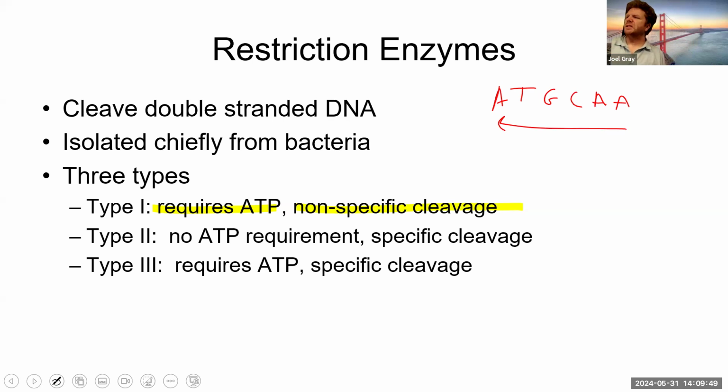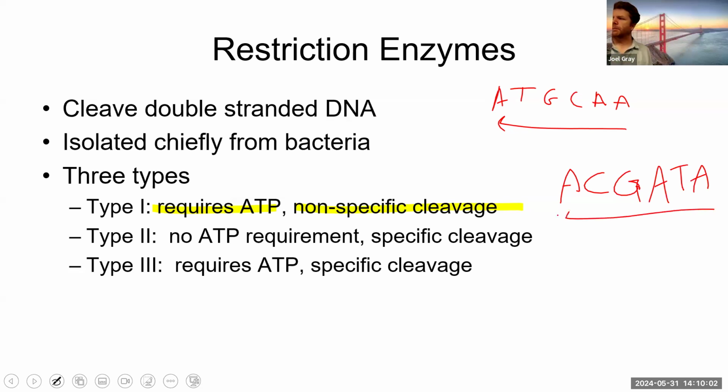And then we've got another piece of DNA that is A, C, G, A, T, A. This isn't a trick question, but are those two sequences that I've written different from one another? They are. They have a different primary structure.